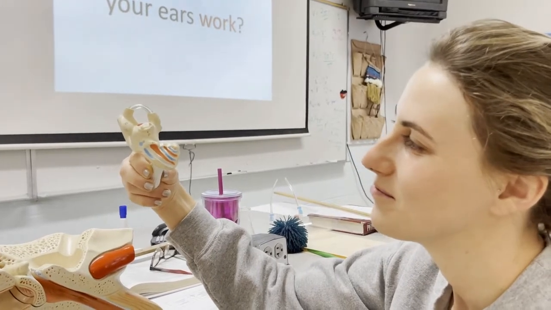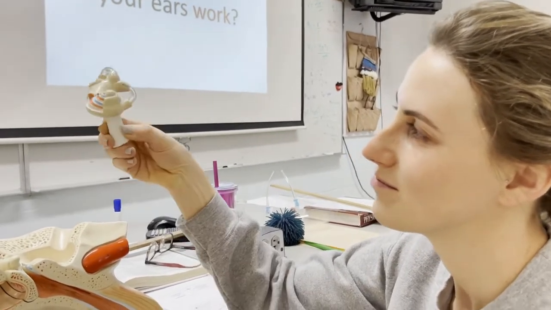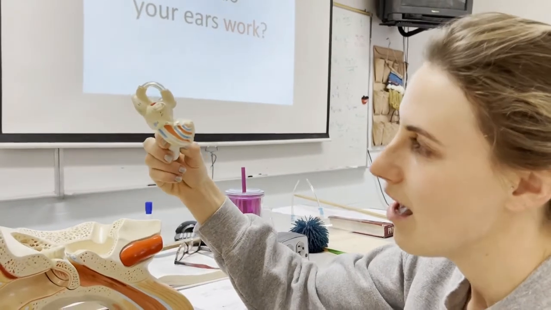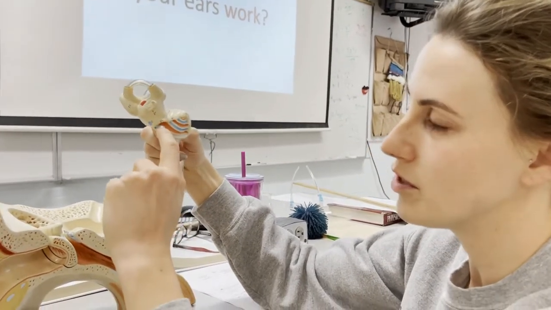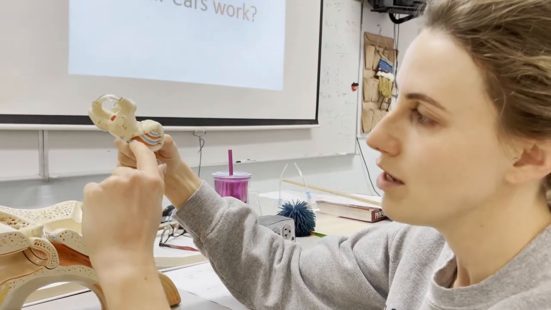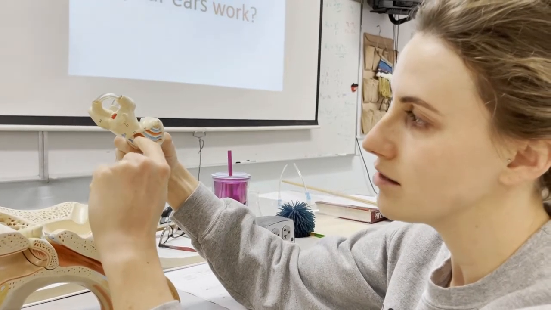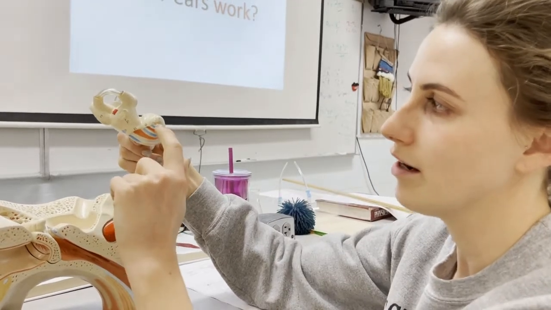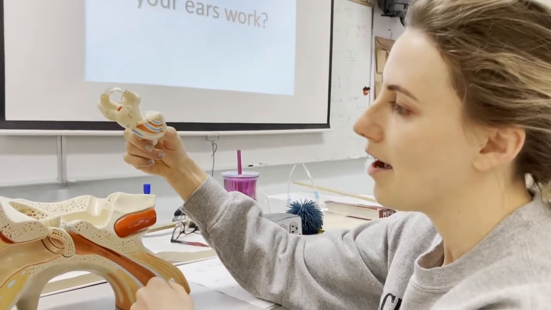There's a nerve at the base of every one of those little hairs inside the cochlea, and they all lead to this nerve. So the microvilli in your cochlea are able to sense the different frequencies of a sound that comes in, lower frequencies here and higher frequencies in here.